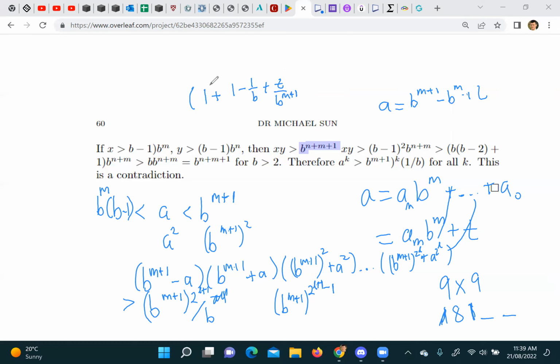The general term will be to the power of i, and this will be to the power of i.